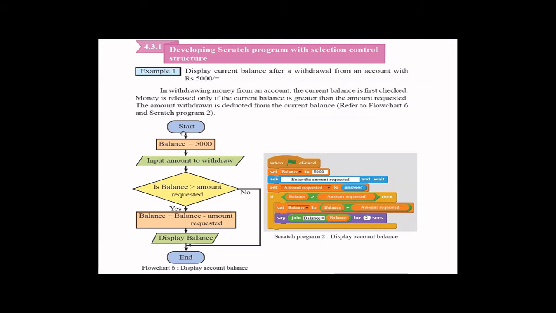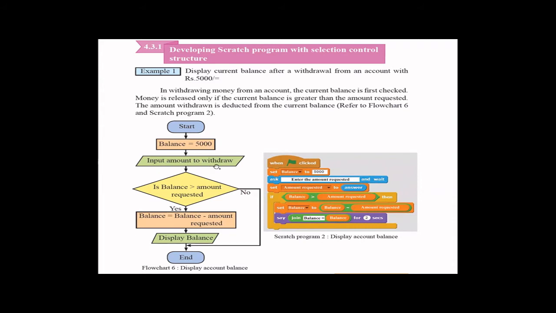We'll quickly go through the flow chart, then you can understand it very easily. If you see the flow chart, you may remember, we discussed flow charts in grade 7 also. So you start, you get the balance, like we assign the balance to 5,000. Then you input the amount to withdraw.